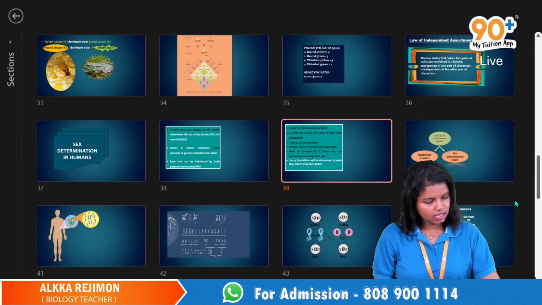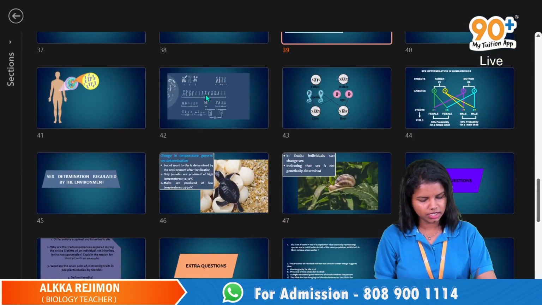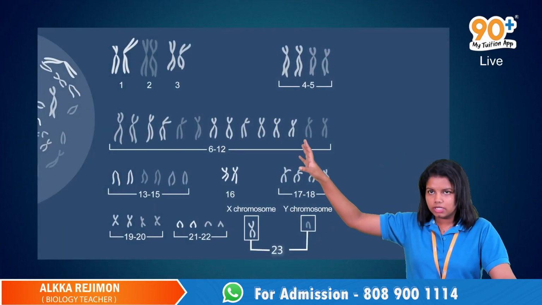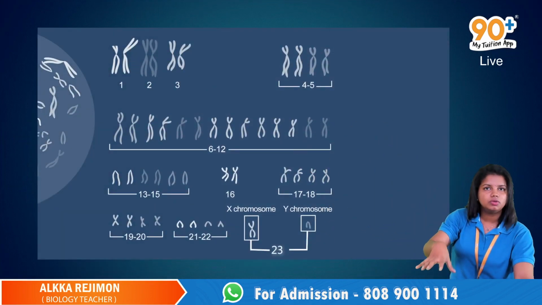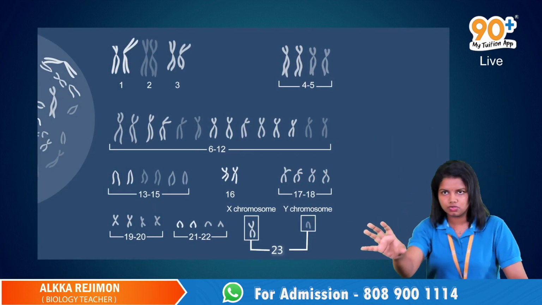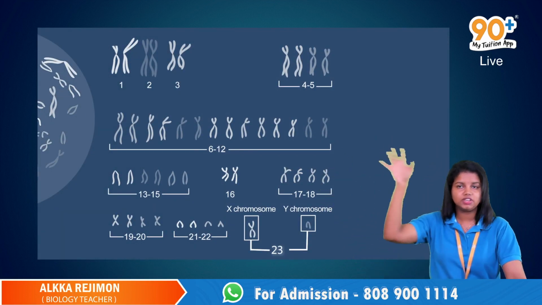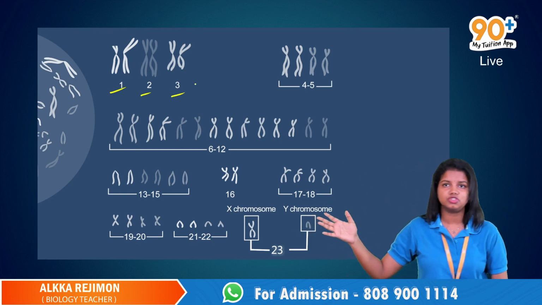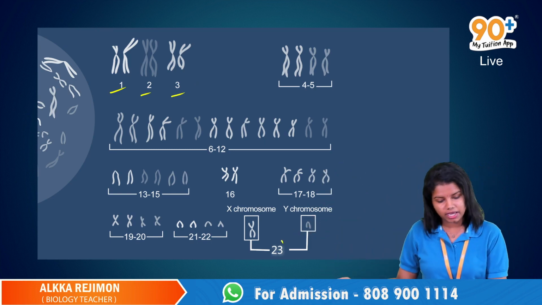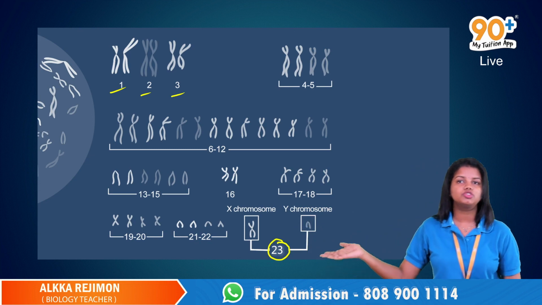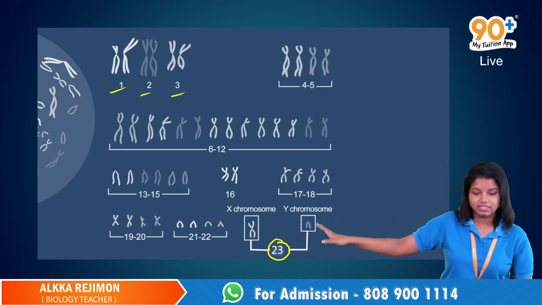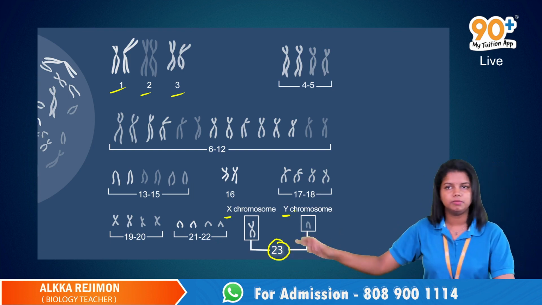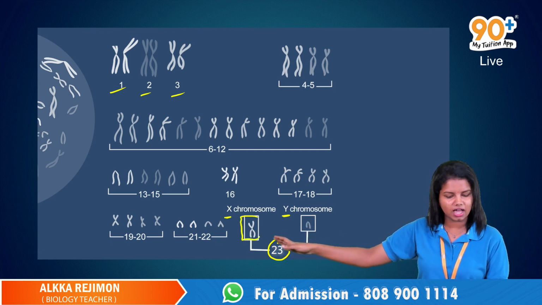That's it. Now, here you can see, this is our chromosome karyotype. If we take our 23 pairs of chromosomes and zoom in, this is how their shape and structure will look. You can see the first, second, third chromosome. And coming to the last pair, the 23rd pair of chromosomes, you can see the X and Y type of chromosomes. There we can see the difference. The X chromosome is a bit larger, right?